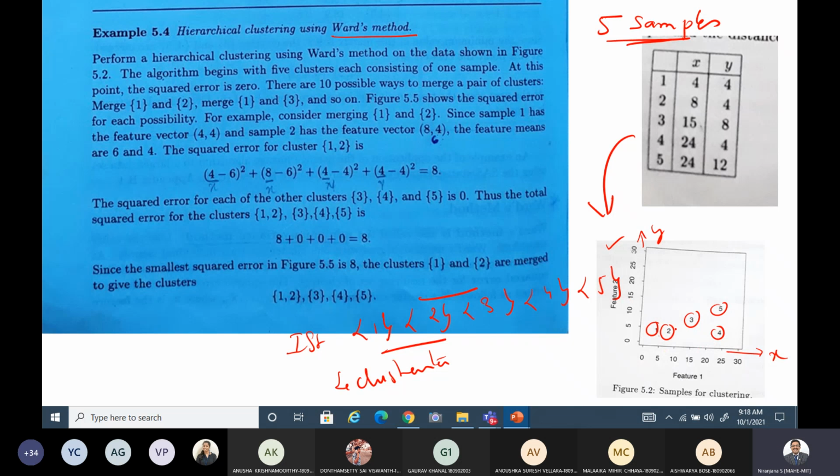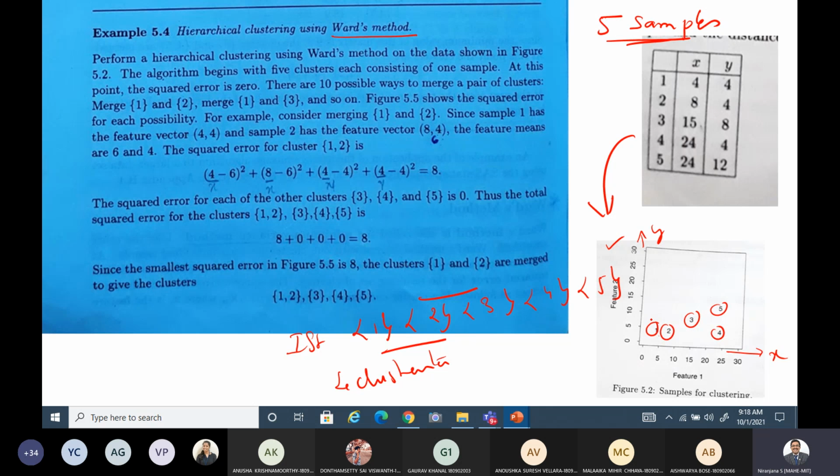Then you find the 2 most similar clusters using squared error. What is the policy? The squared error should be least. Then you can say that those 2 clusters are very similar. Now we are trying to find which 2 clusters have the least squared error, right?